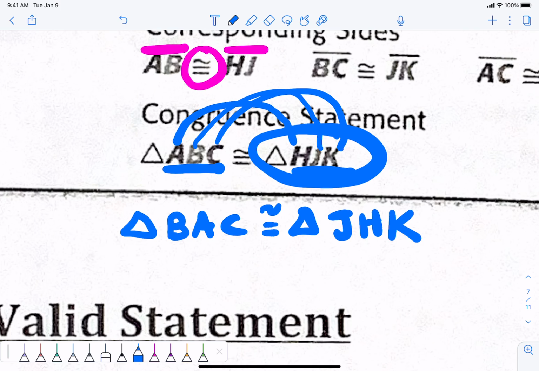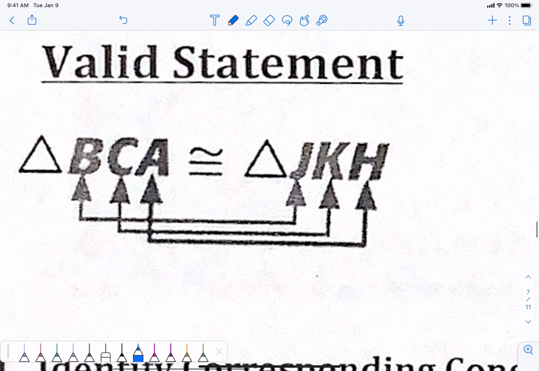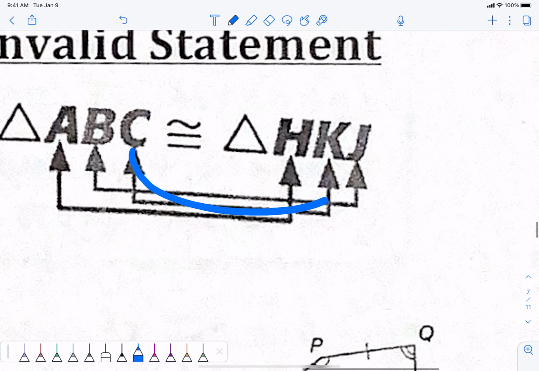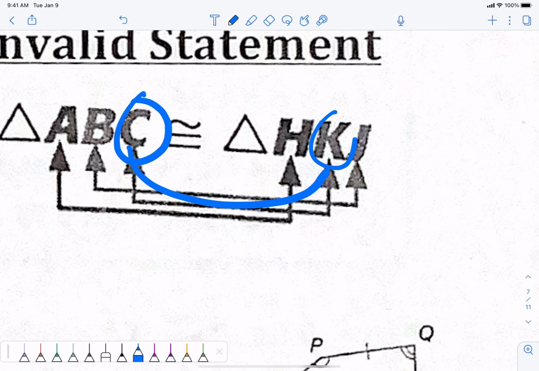Okay, so it doesn't matter what order they go in to begin with, but the second one has to match the first one. Does that make sense? Okay, so like here, they have valid statements. They're going in order versus these, where C actually goes with K. So the third one here is matching up with the second one there. That's not the correct order. So you just have to make sure that the order is correct, okay?